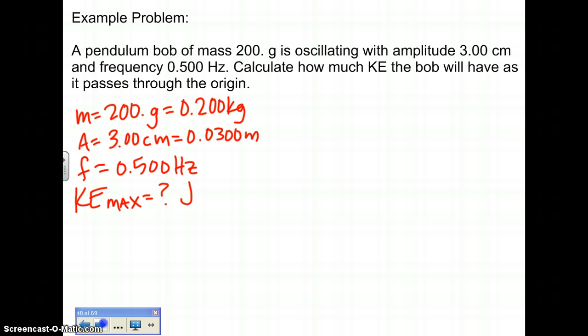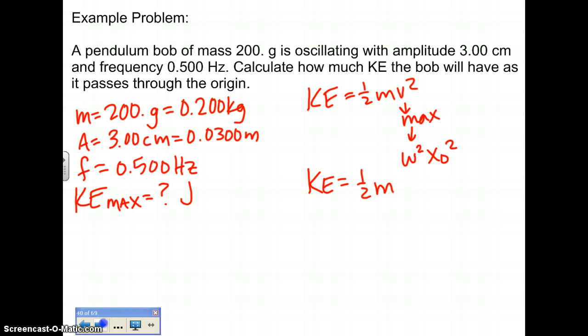So this equation that we want to use here, KE equals 1/2 mv squared. Well, your v, when you're talking about your max, let me write this as well. Your v, when you're talking about at the max, is going to be w squared x0 squared. So really the equation we want to use is KE equals 1/2 m w squared x0 squared.